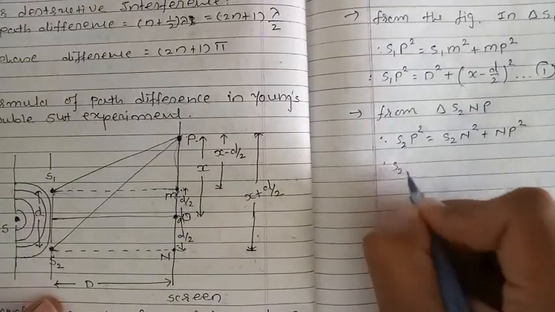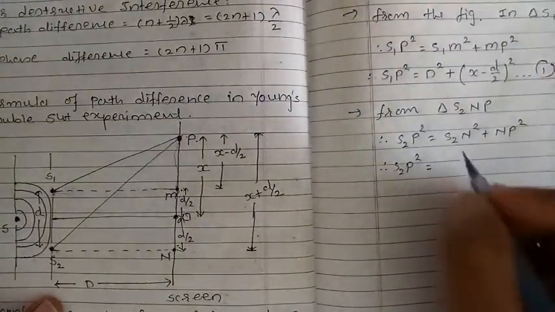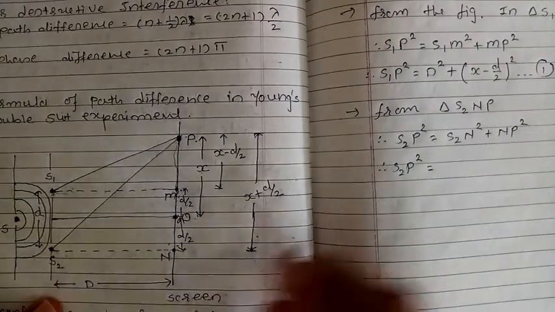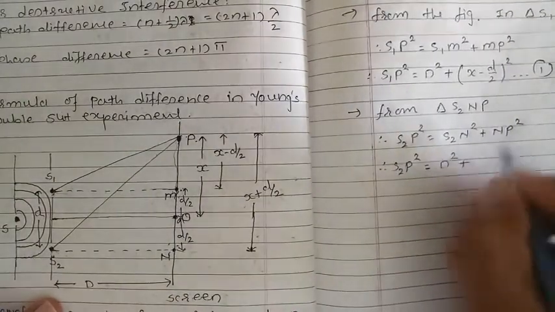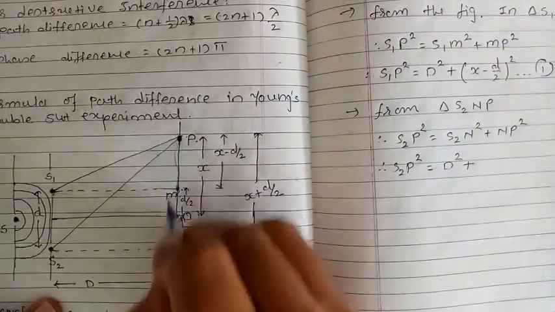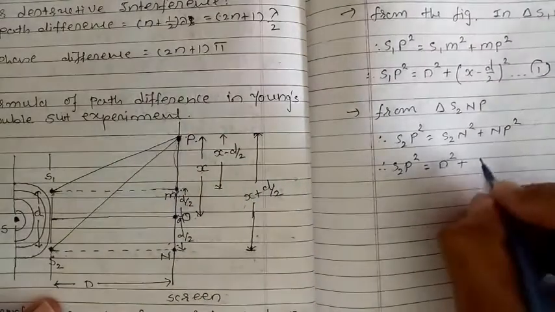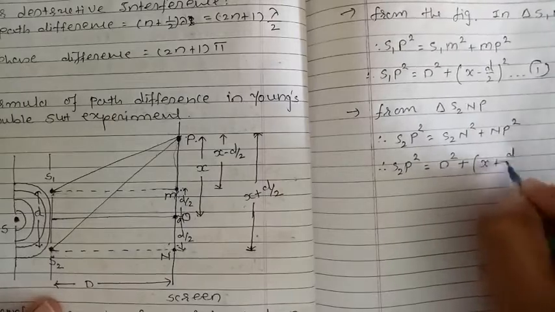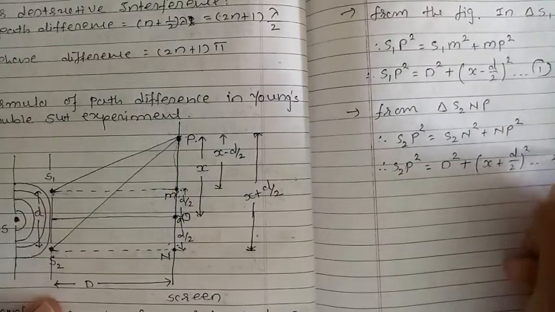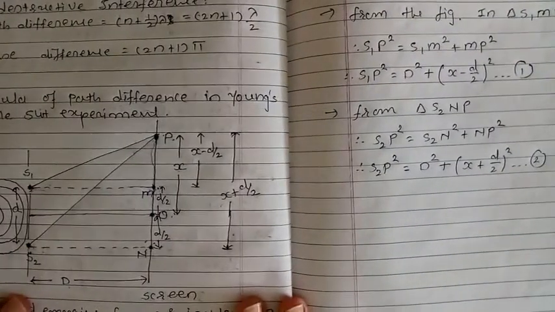So S2P square is equal to the value of S2N, capital D, so D square plus NP, this distance is x plus d by 2, so x plus d by 2 whole square. This is equation number 2.